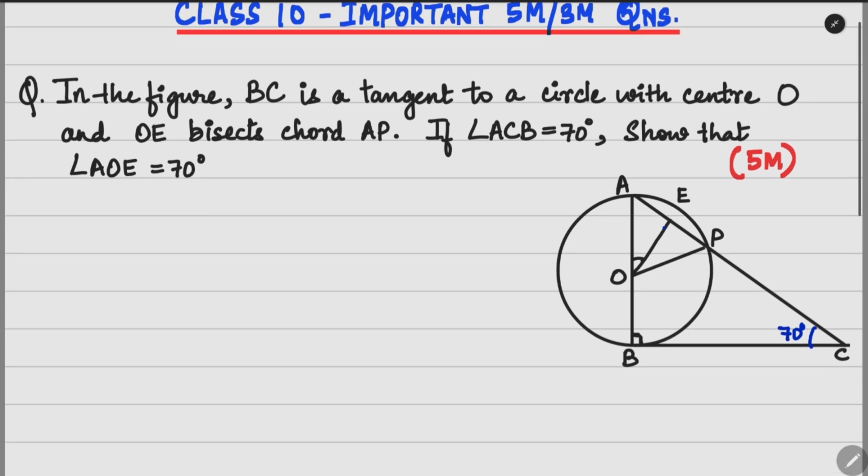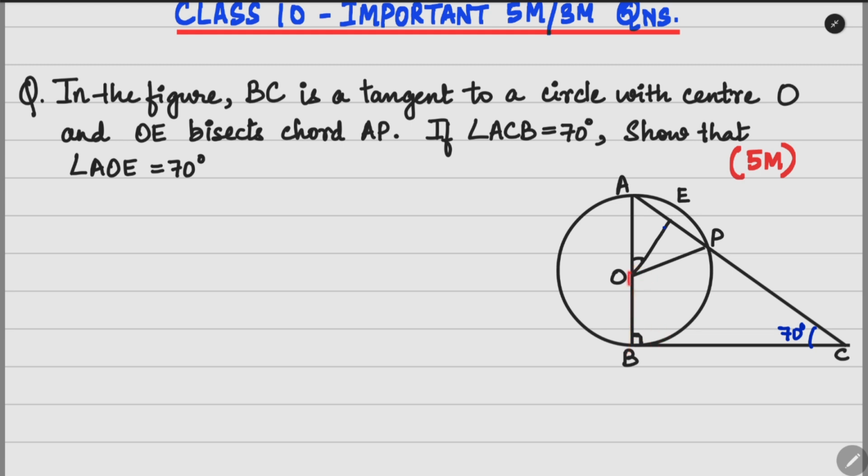Now here we have to know one important property, which is that when you have a tangent passing through a particular point on the circle, which is B, this tangent will always be perpendicular to the radius of the circle.